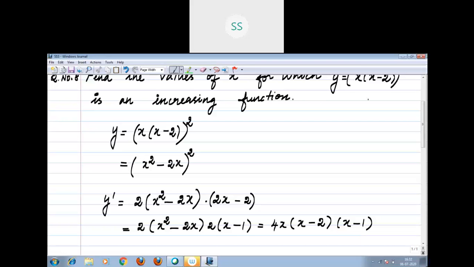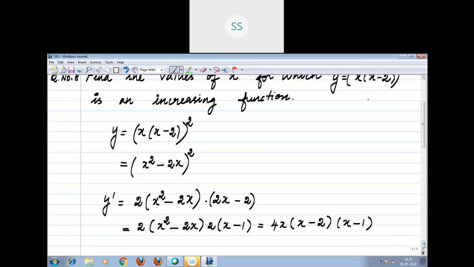Take 2 as common in the second bracket, so you get 2 into (x minus 1). 2 into 2 is 4. In the first bracket, take x as common. So y dash is 4x into (x minus 2) into (x minus 1).